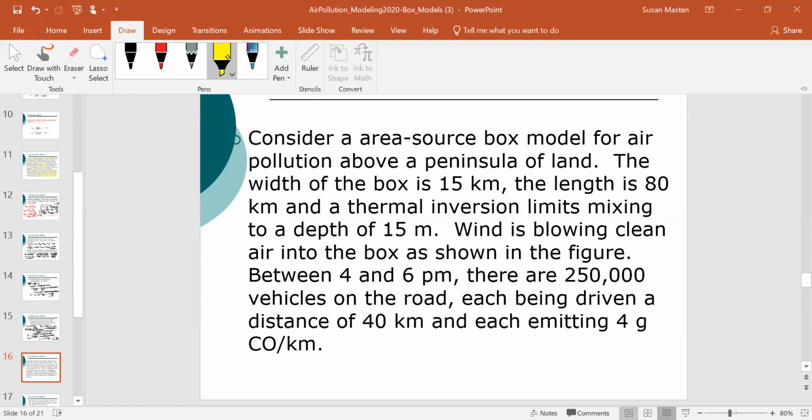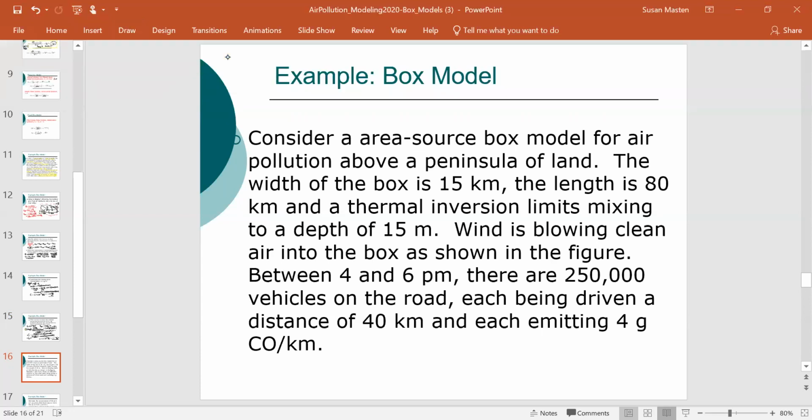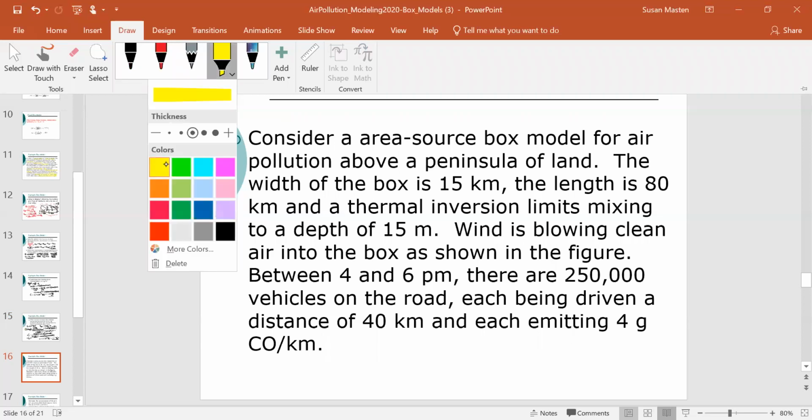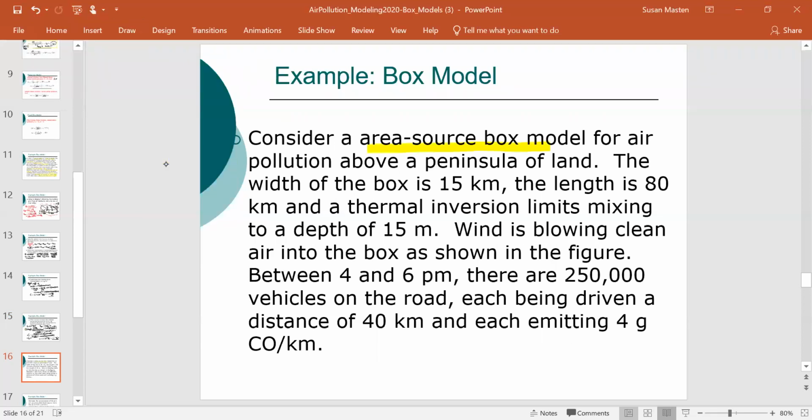So in this case, we have a similar situation. We have an area source, and in this case, there's going to be cars. So what do we have? We have a width of the box of 15 kilometers.